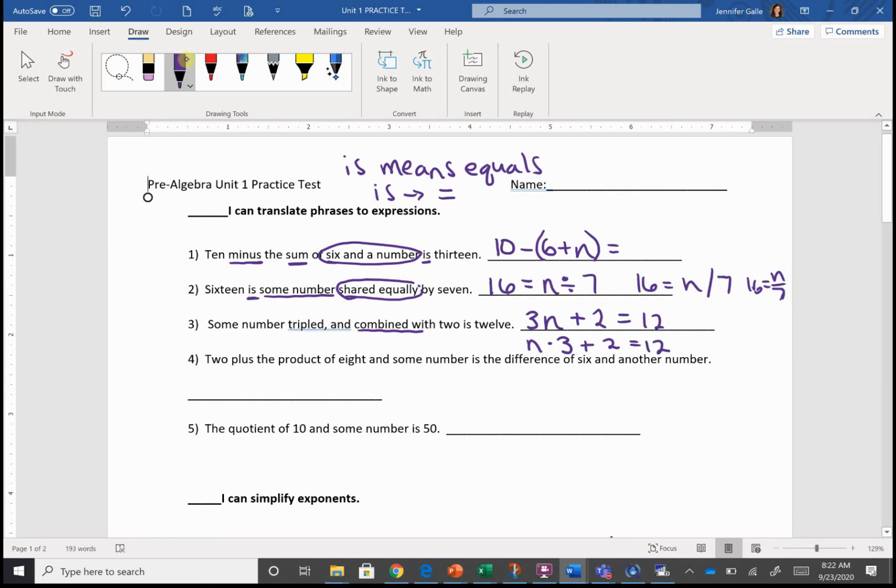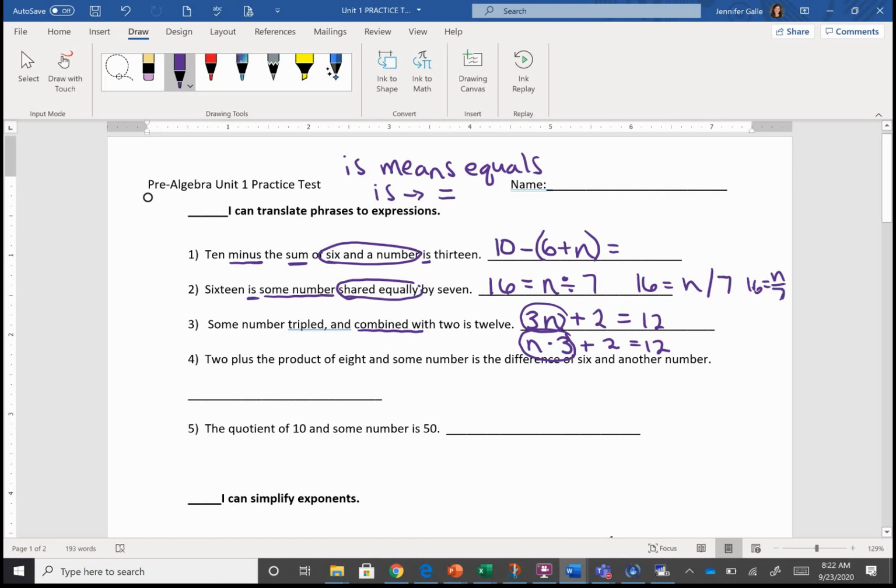I don't care which way you write it. You can put the 3 right next to your variable. You can do the multiplication sign, the dot, or the X. Remember, we're trying to get away from that X because the X for multiplication looks like an X for a variable. So we want to try to get away from that.